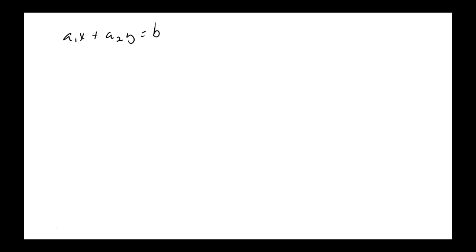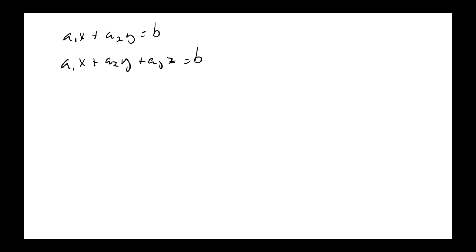Now this is a linear equation in 2 variables. In 3 variables, it would look very similar. A sub 1 x plus a sub 2 y plus a sub 3 z is equal to b. Again, a linear equation. The number of variables, the number of constants, that doesn't matter.